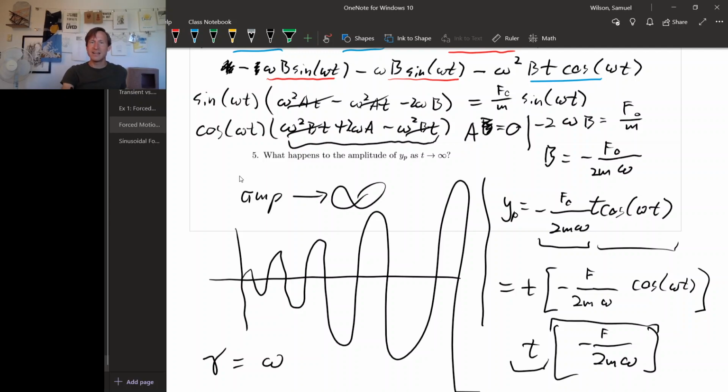In that case, the so-called steady state isn't steady. It actually is an oscillation that grows to infinity. This phenomenon is called resonance, and it's one of the most important things about these second-order constant coefficient systems. And we'll look into resonance more in a little bit.